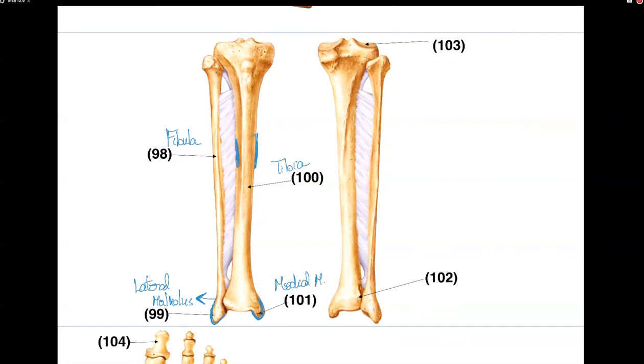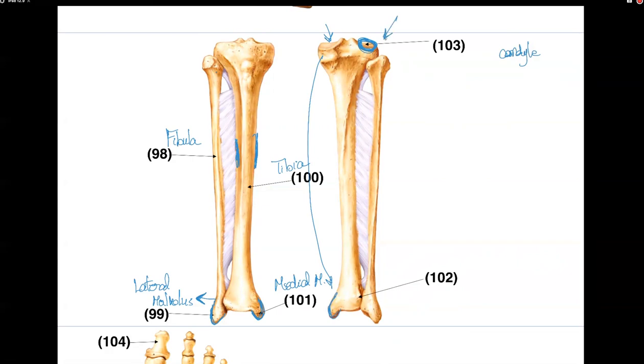All right, what do you think this is on here? If you remember, elliptic shaped articular surface, it's a condyle. And would this be the medial condyle or the lateral condyle? Is it on the same side as the medial malleolus, or is it on the opposing side?